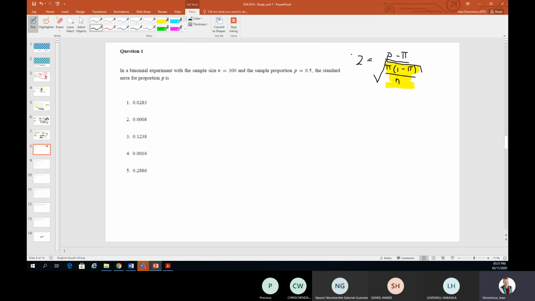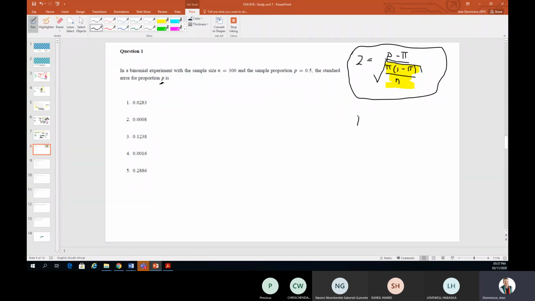So you can say, well, I need to work out the standard error. So the other thing that we have, and you must check in your study guide for that one, is that there is another formula, because this now is interesting. So we're looking at P, and they don't give us anything else.